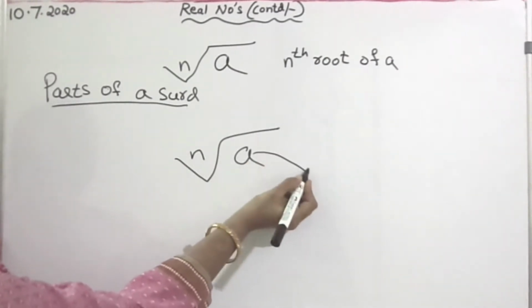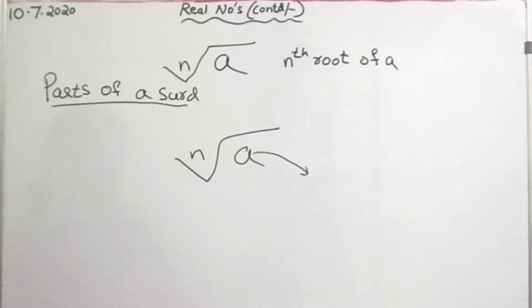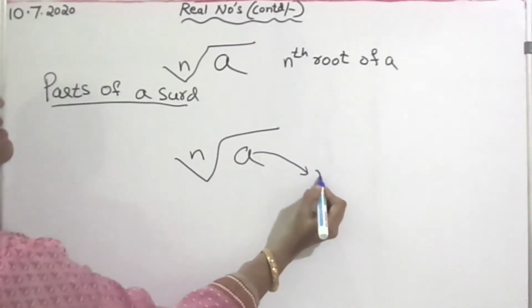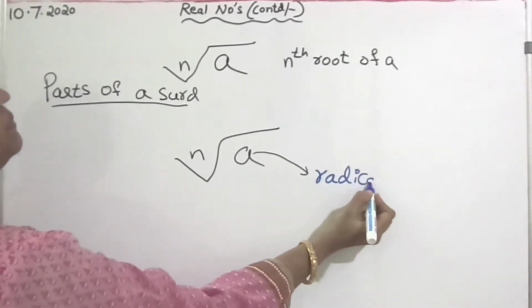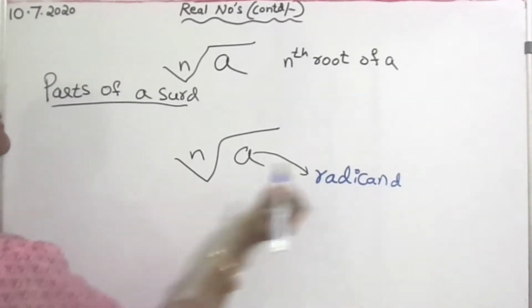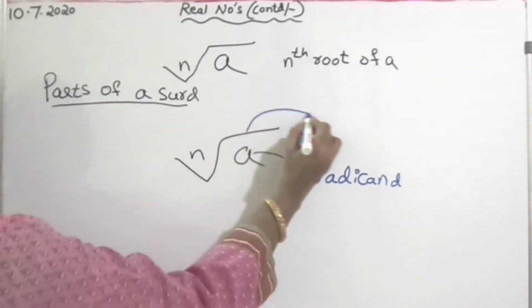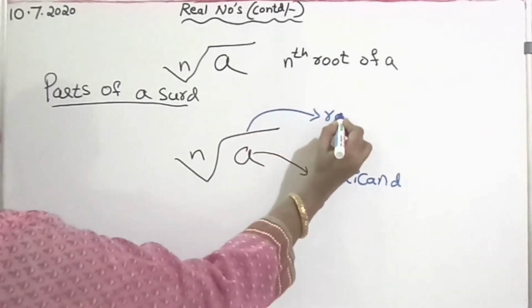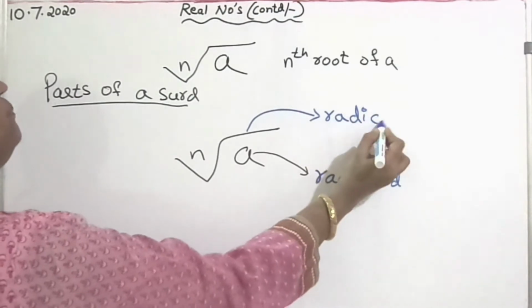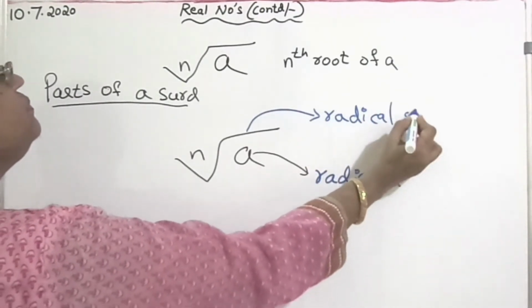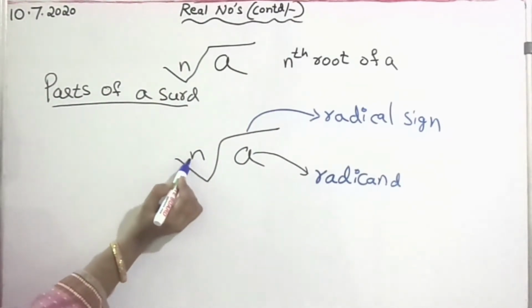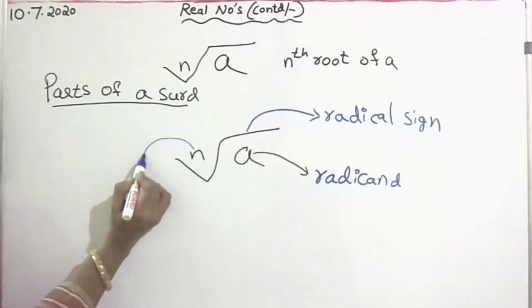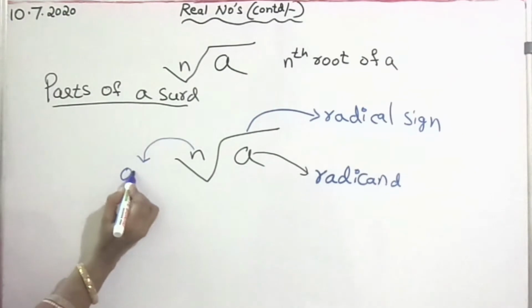A has got a special name, and that name is radicand. And this root sign has got a name, radical sign. And can you see inside this root sign, this n? This is called the order of the surd.